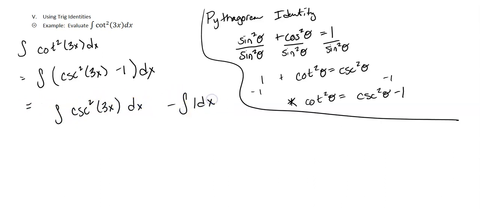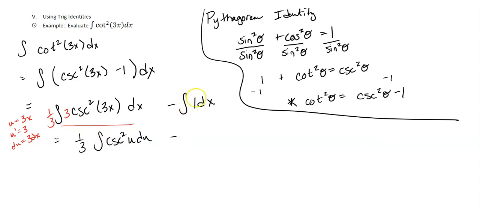So I have the integral of cosecant squared of 3x dx minus the integral of 1 dx. On this left integral, I can let u be 3x, so u prime would be 3, and du would be 3 dx, so I need a 3 and a 1/3. I would have 1/3 times the integral of cosecant squared of u du, and then of course this one is just x plus c.